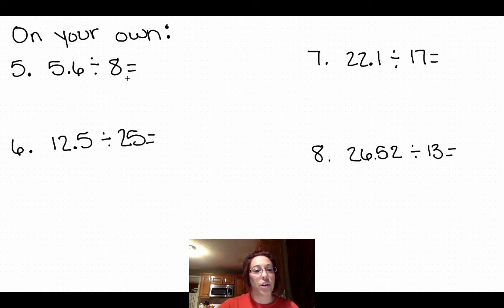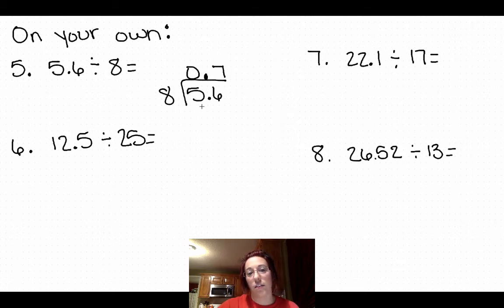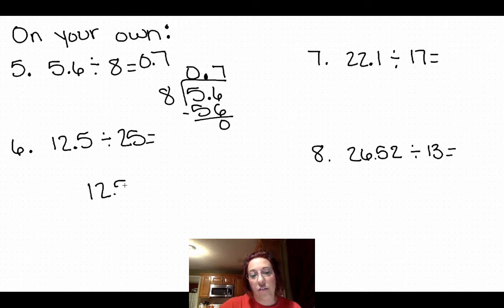Okay, so we're going to go ahead and write these correctly. 5 and 6/10 divided by 8. Decimal goes up. 0. 8 will go into 56 7 times. 7 times 8 is 56, so we get 0. Number 6, we get 12 and 5/10 divided by 25.